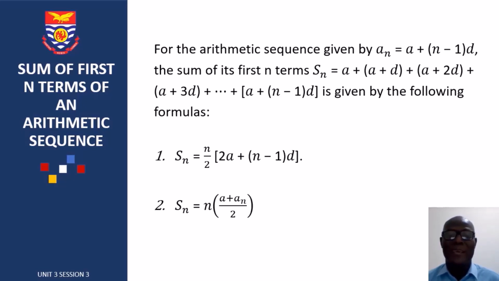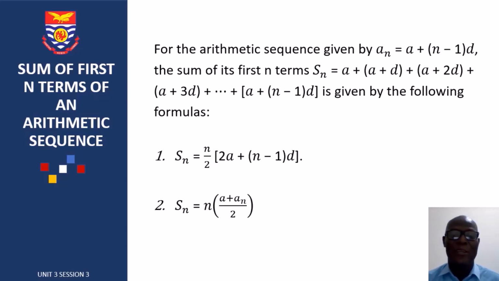Now A plus A gives 2A, then plus (n minus 1) then D. So that is why the first formula is S subscript n is equal to n over 2, then into square brackets 2A plus (n minus 1)D.